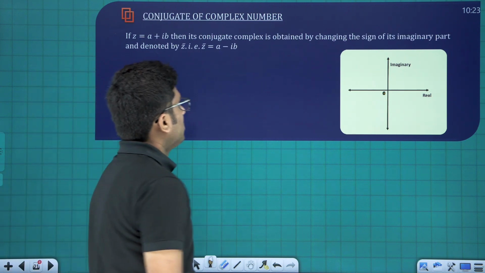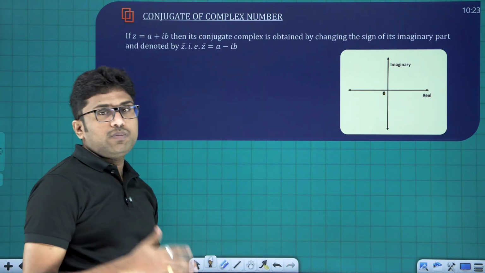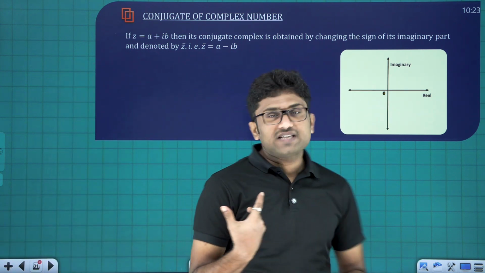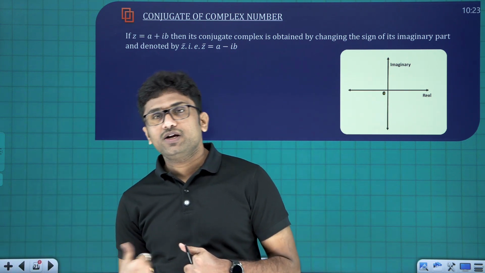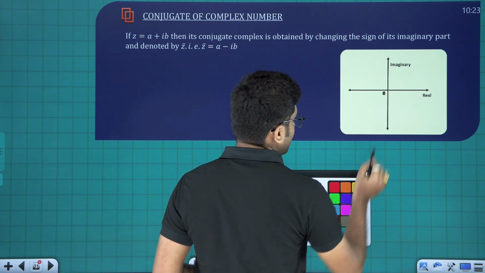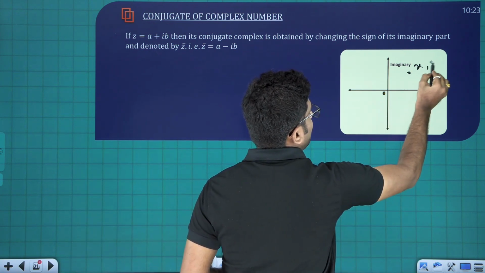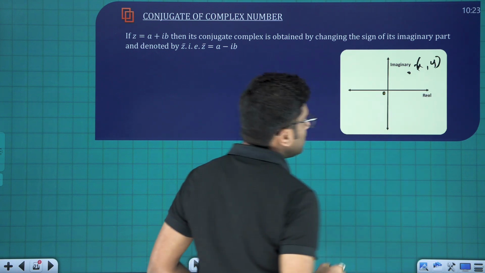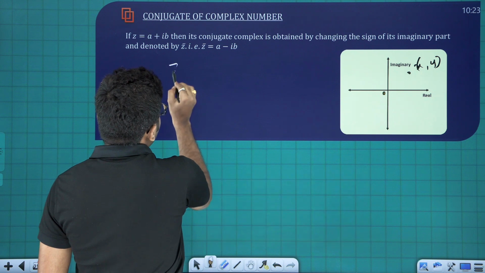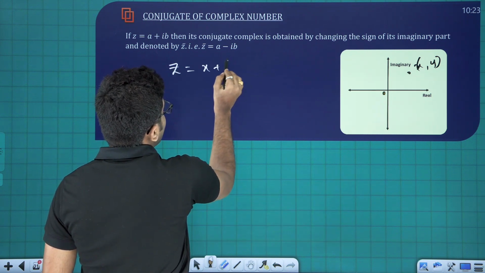Conjugate of a complex number. Just now we said, for a complex number z equal to x plus iy, x minus iy will be the corresponding conjugate. Now, how do we represent the conjugate? See friends, suppose x comma y is this point, then z is equal to x plus iy.